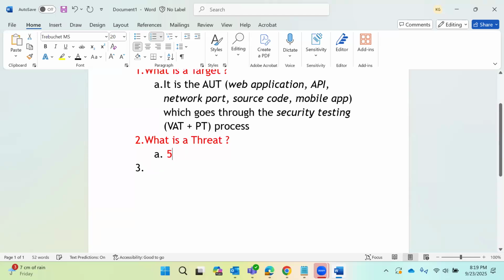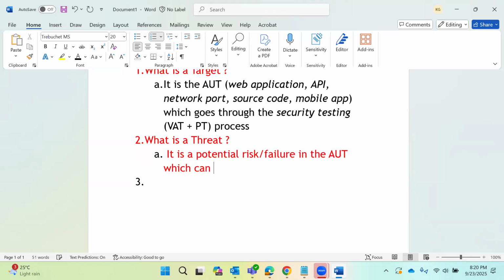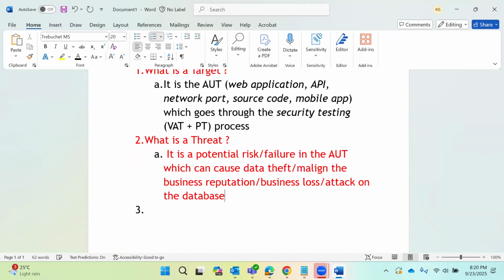So now coming to the definition of a threat, I will say it is a potential risk or failure in the AUT, which can cause data theft or malign the business reputation or business loss or attack on the database or on the server, etc. Like this, I can write so many.